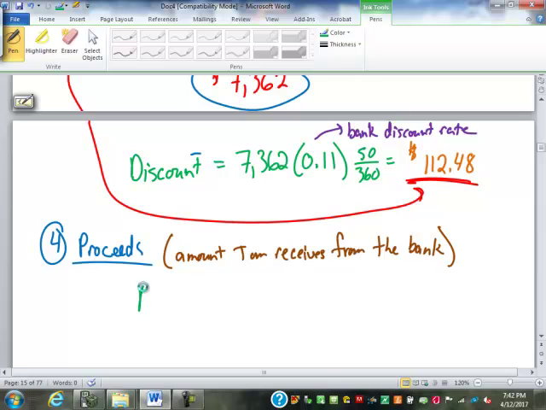It is the maturity value of the SDN, or not maturity, the face value of the SDN, which is the $7,362. I said maturity value because it's the maturity value from the original note, but it's the face value of the simple discount note.